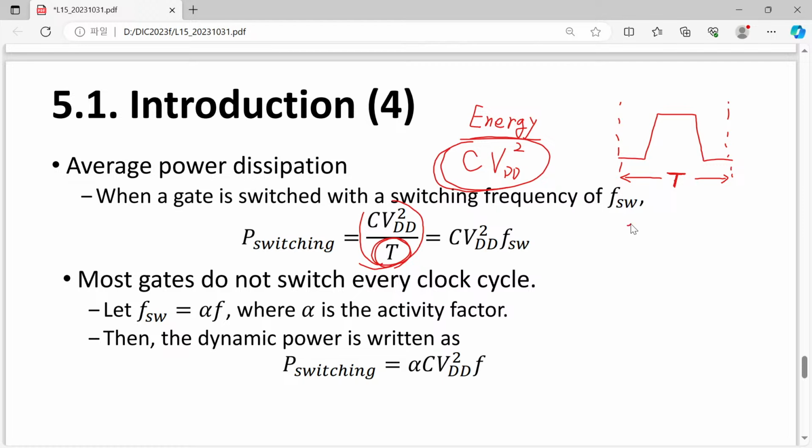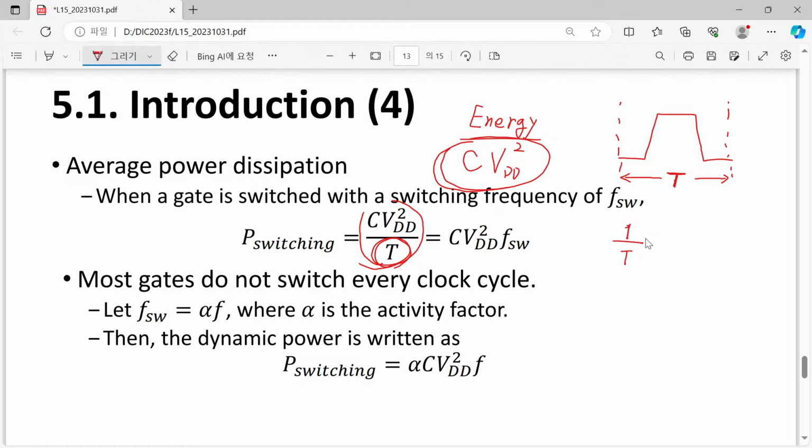And 1 over T, what is it? This is a unit of 1 over second, which is called hertz. So now we have a certain frequency related quantity.